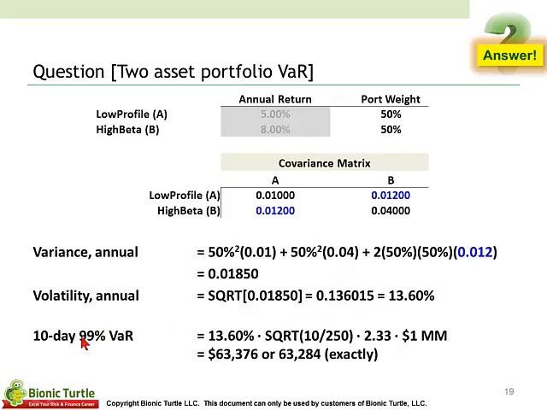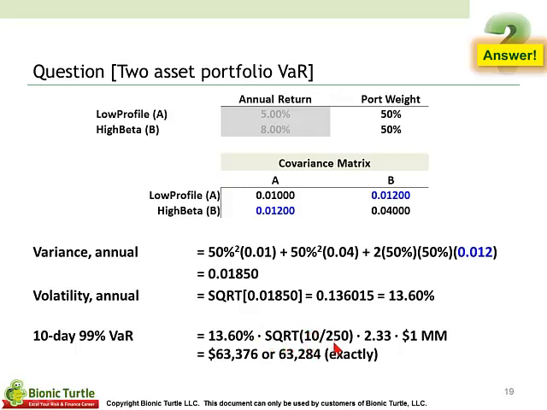And then we conduct that calculation to find the 10-day 99% confident VAR. And that's right here. It's a product here of four values. Absolutely need to understand this. We've got the volatility of the portfolio per annum. Remember, we want a 10-day VAR, so we need to scale the volatility to a 10-day volatility with the square root rule.